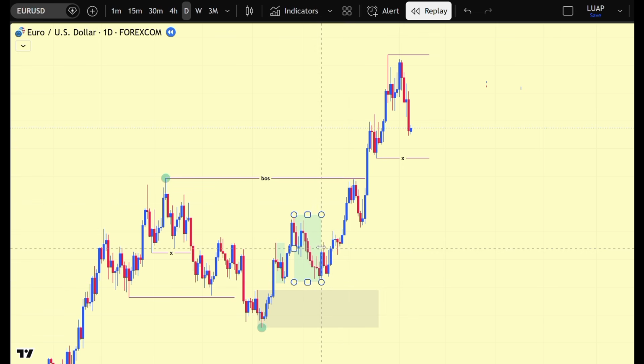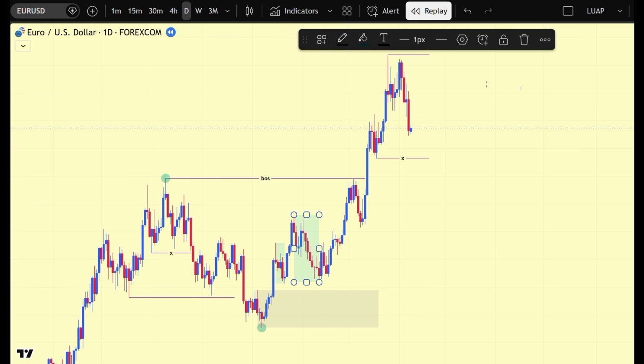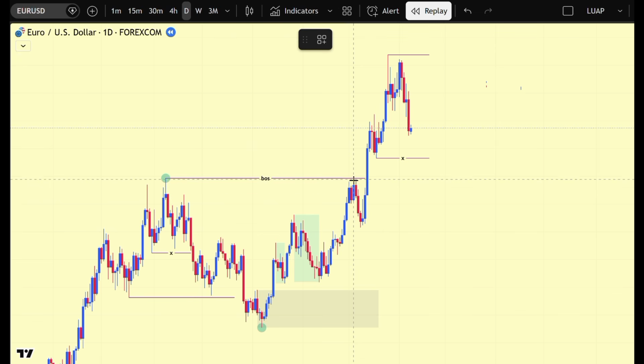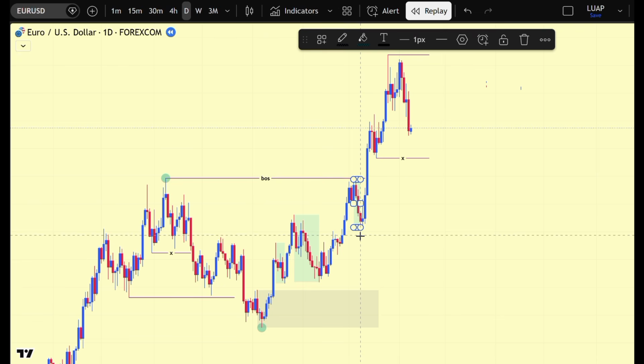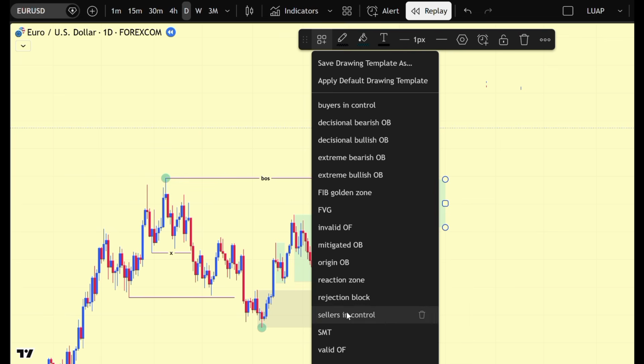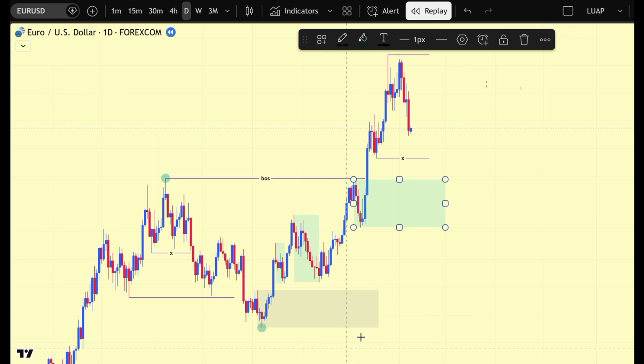You can clearly see that, so that makes it invalid. The next order flow is this one. Actually, it's the decision order flow, as it is the opposing move right before the buying displacement that caused the break of structure. So we can confidently say that makes our valid decision order flow in that case.